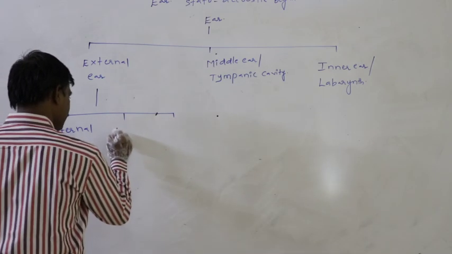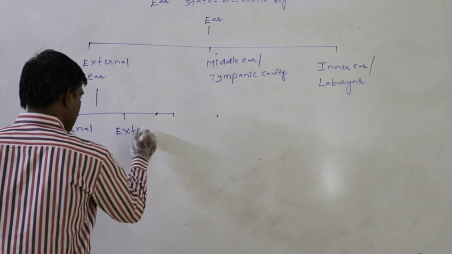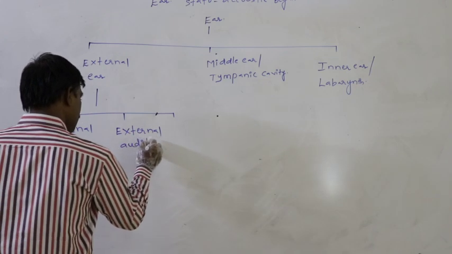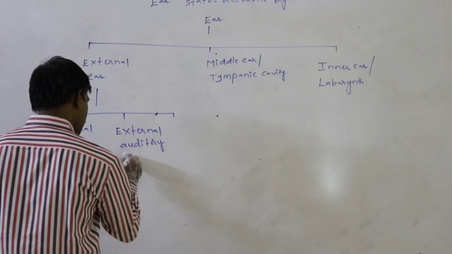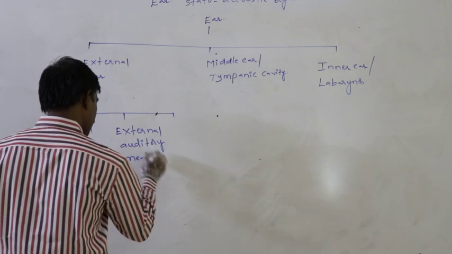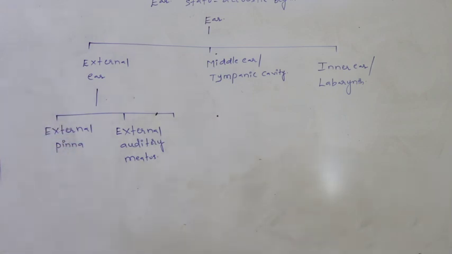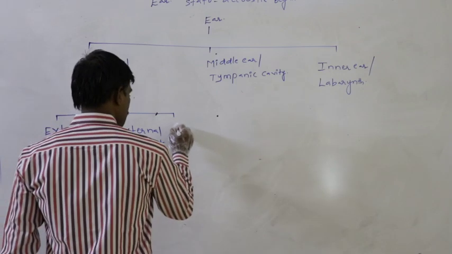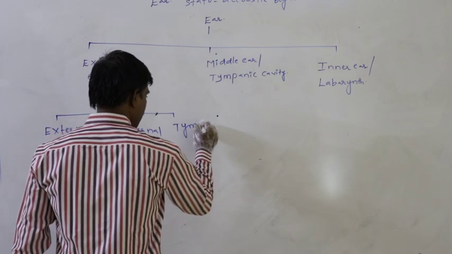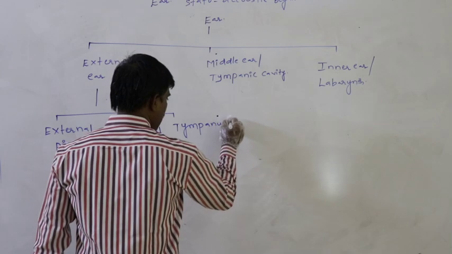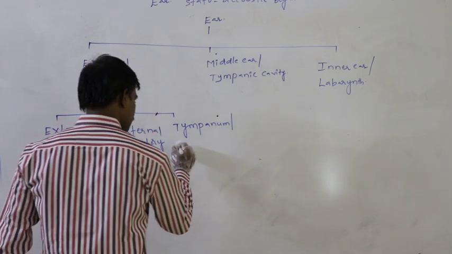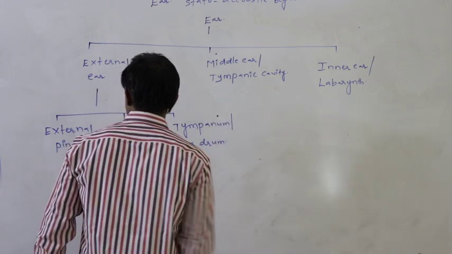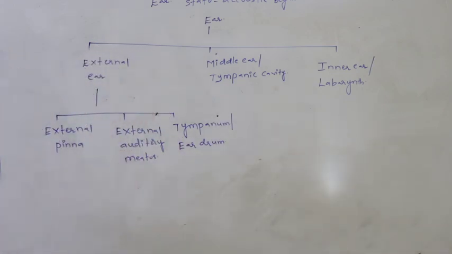Second one is the external auditory meatus. Third one is the tympanum or eardrum.